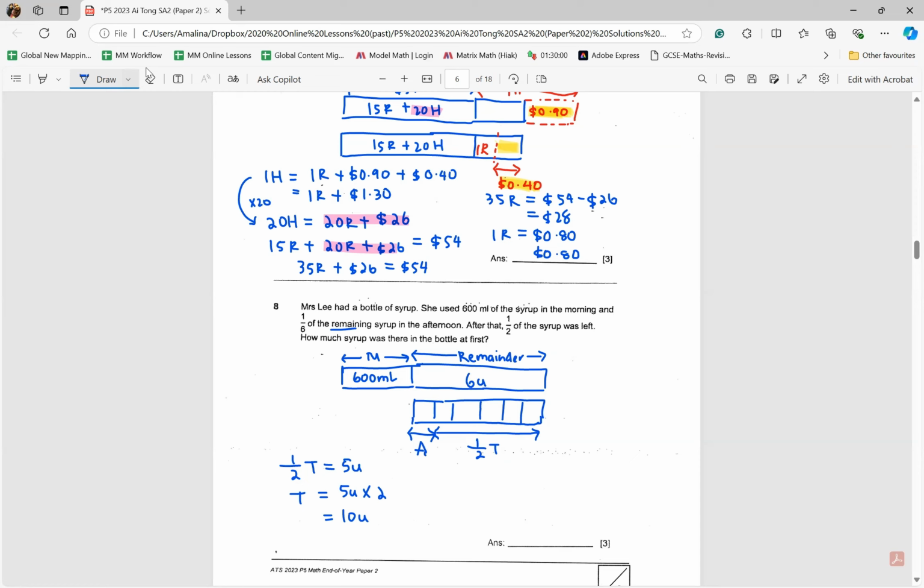So 10U minus my 6U means that my 4U is the 600 ml. So 4U is 600 ml. I find my 1U, I divide this by 4. I'm just going to show straight away, 150 ml.